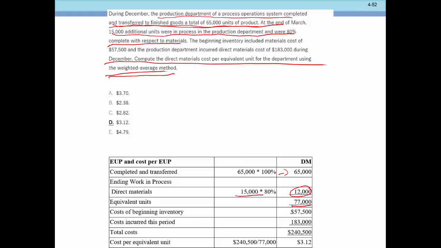I pick up all the costs for the period, and that gives me my cost per equivalent unit. So that's actually one of the easy ones. I thought I had put one in there where they had asked me what the answer would be if we were dealing with the conversion cost, but that's materials again, in which they're only 80% done with the materials for the items that are still in progress at the end of the period.